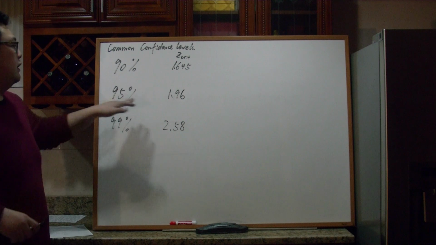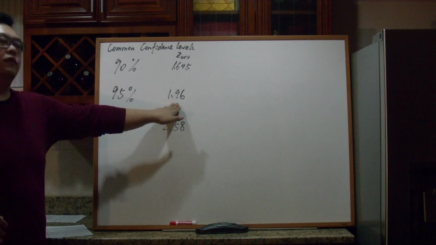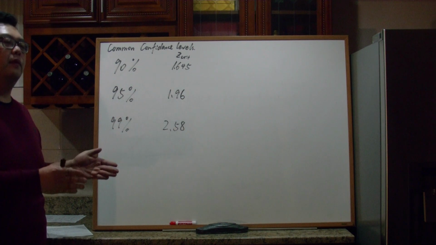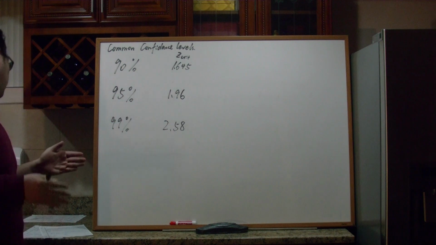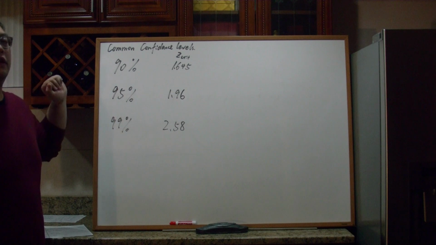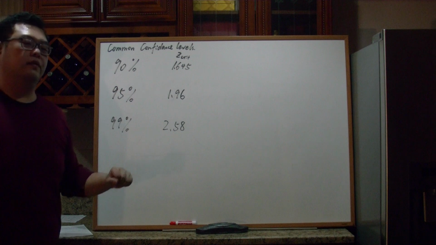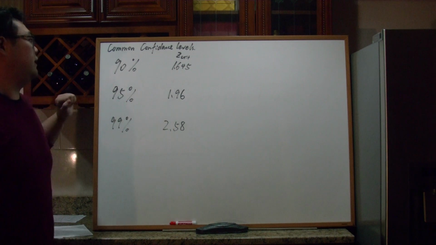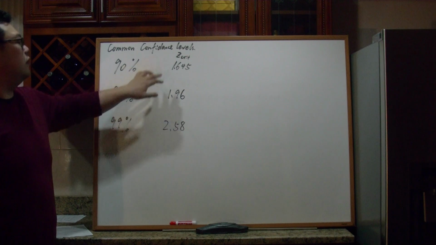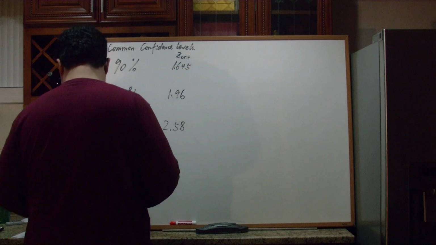Actually, the z-score for the 95% center area is 1.96, which means z-scores from negative 1.96 to 1.96 give the center 95% of the data. So 2 is roughly right, but 1.96 is accurate. So when we're given the percentage of confidence level, we'll use certain z-scores.